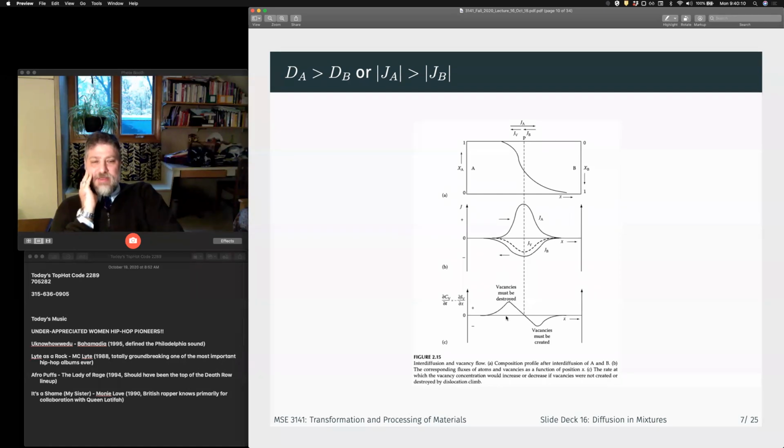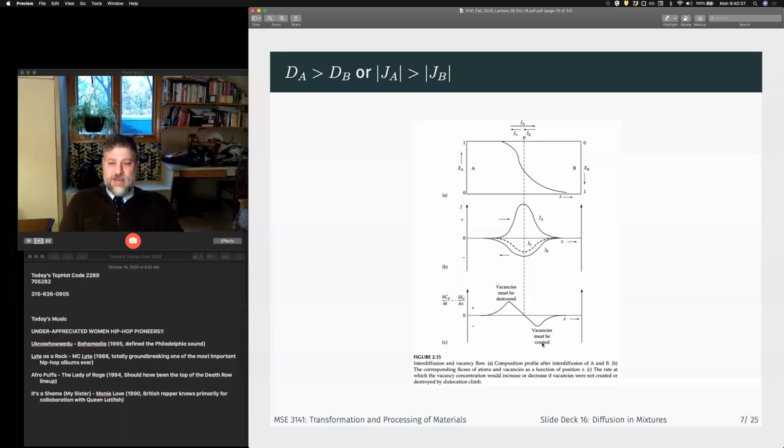What mechanisms do I have for that? We said before that grain boundaries are good sources and sinks, but a lot of places might not be near a grain boundary, so that doesn't help everywhere.